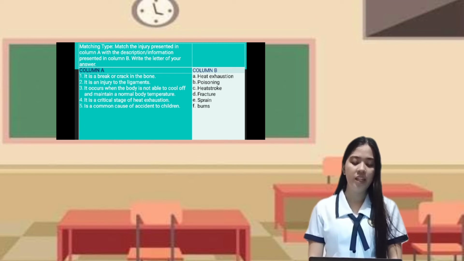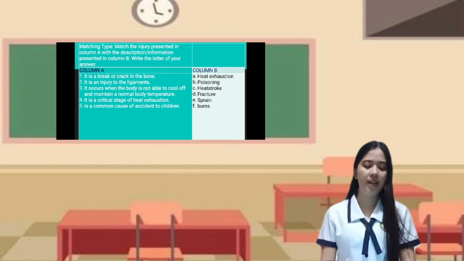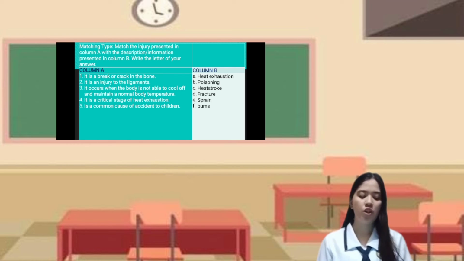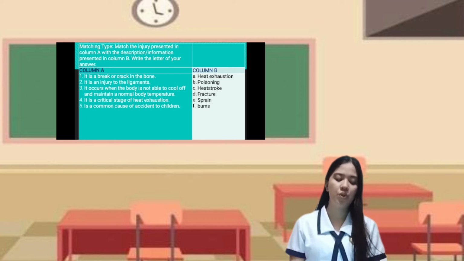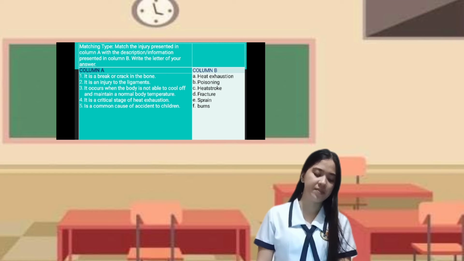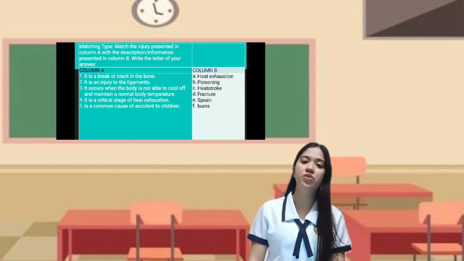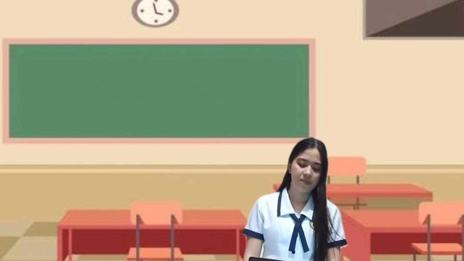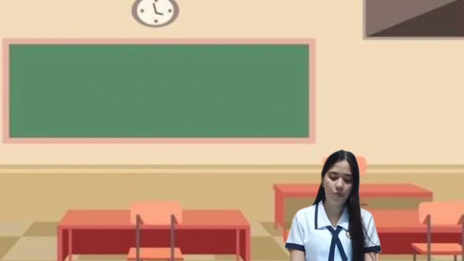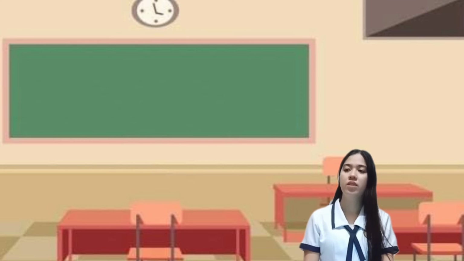Match the injury presented in column A with the description presented in column B. So write the letter of your answer. So are you ready, class? Okay, time starts now. Time's up, class. So, number 1, who can answer?